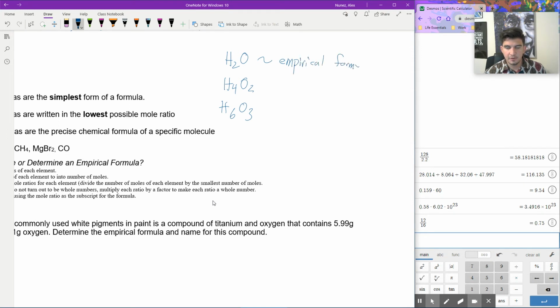And the reason for that is to get from H2O to H4O2, notice I just multiplied everything by 2. And then to get to H6O3, I multiplied the original times 3. So this is the simplest way I can write the other two formulas. There are 2 hydrogens for every 1 oxygen.